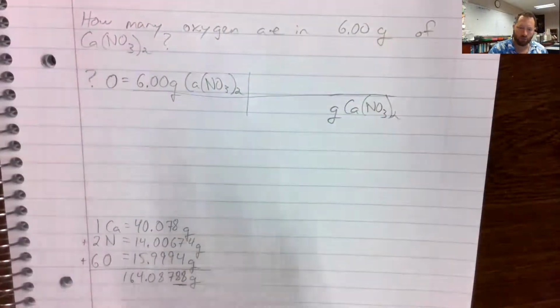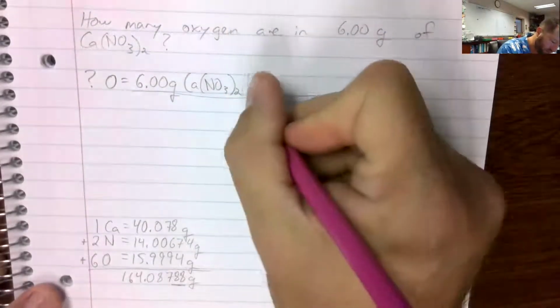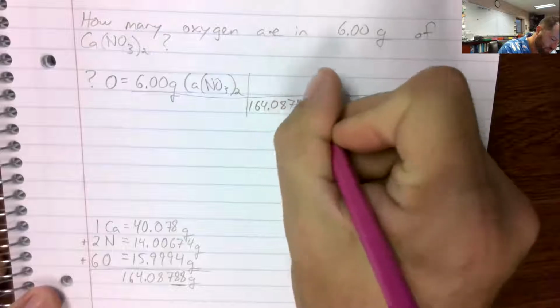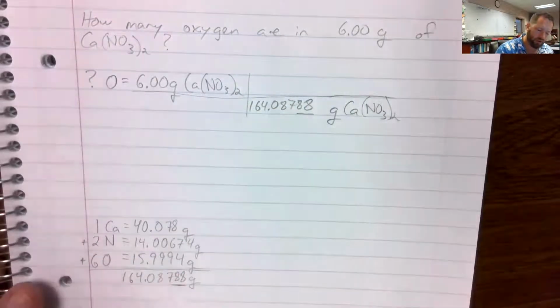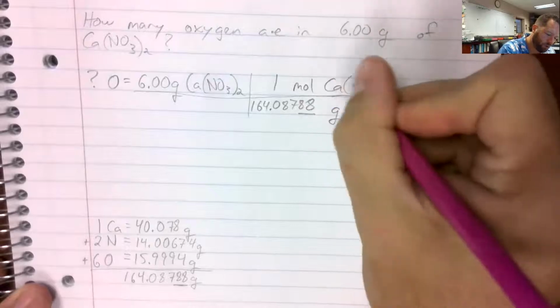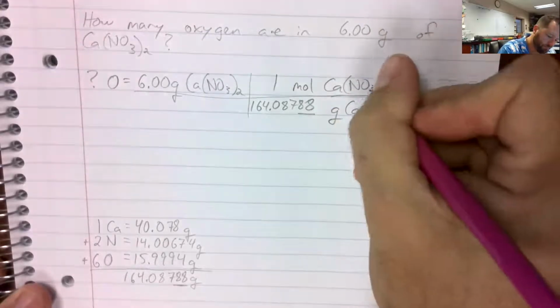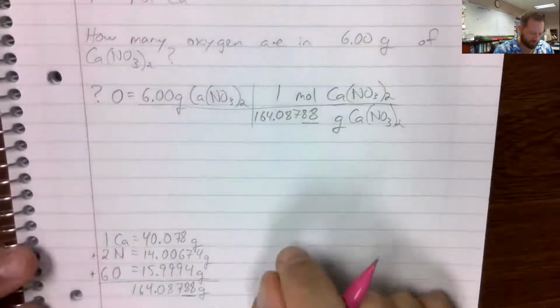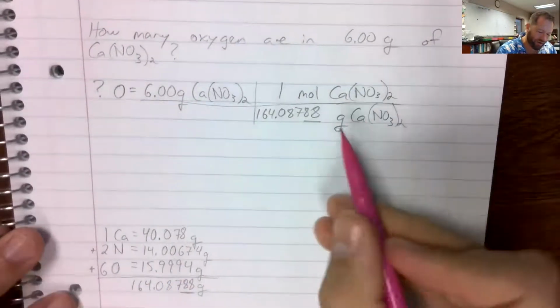No reason to round them, I just need to underline them to show that they're not significant. Same thing up here with the underline. And again, that's my grams per mole of calcium nitrate. Fantastic. Got a little extra work there.